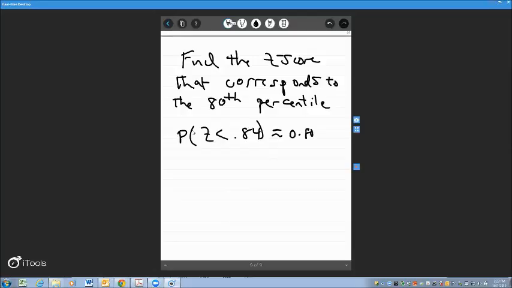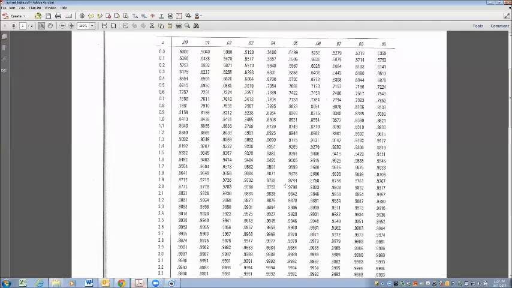Let's say we want to find the 92nd percentile of z. Well, we'll go to our table, we'll look up 0.92, as close as we can get to it.